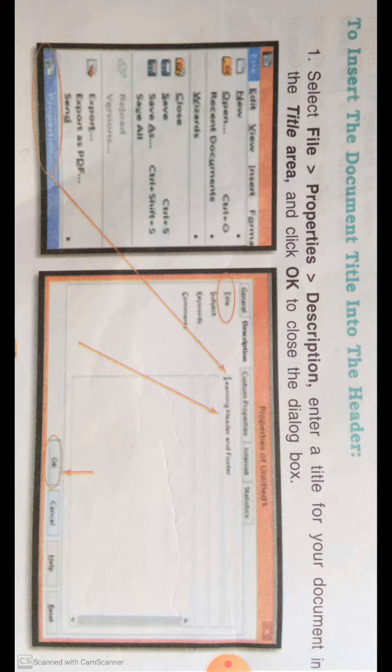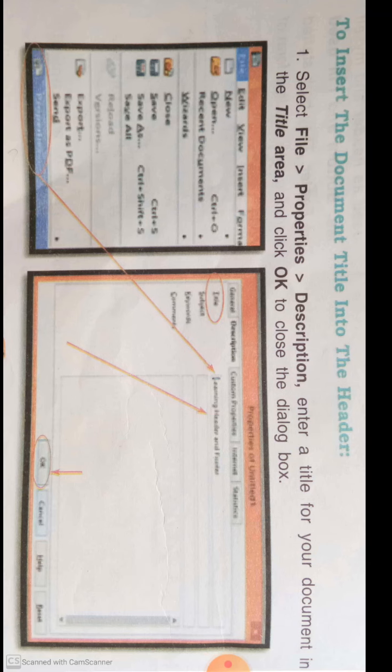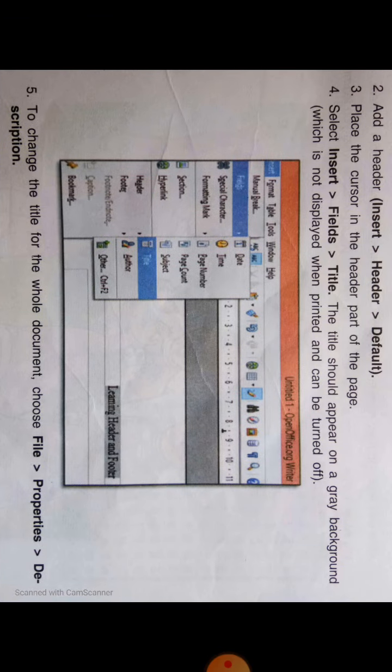Enter a title for your document in the title area and then click OK. Step 2: Add a header: Insert, then Header and then Default, as we discussed before.